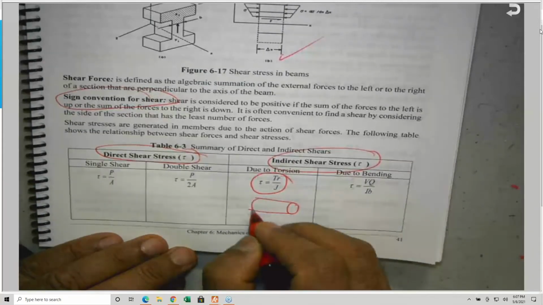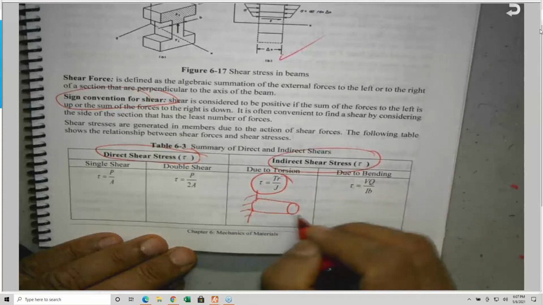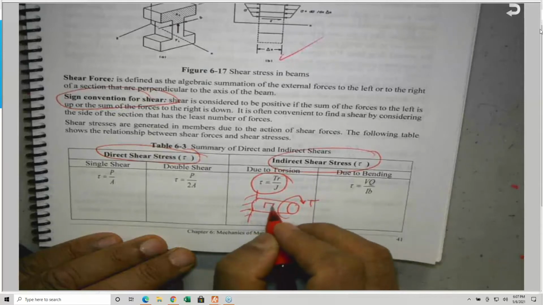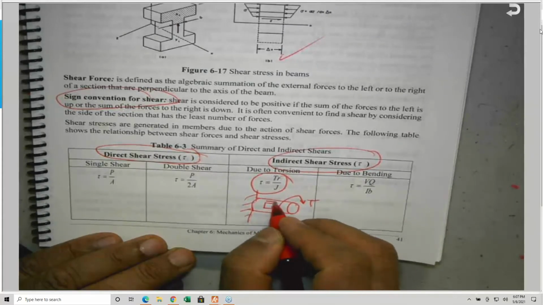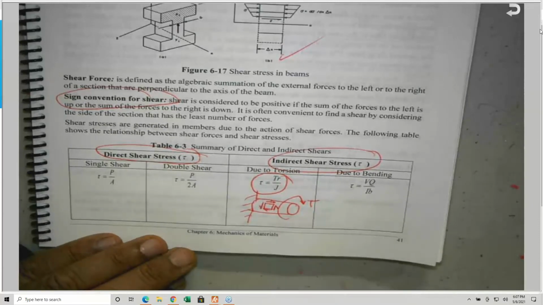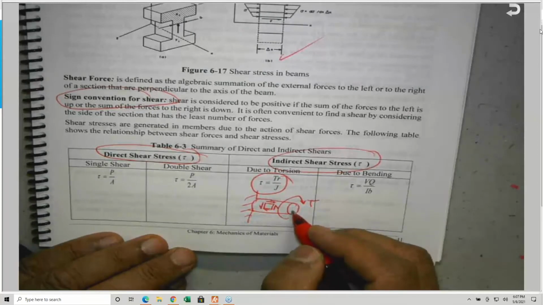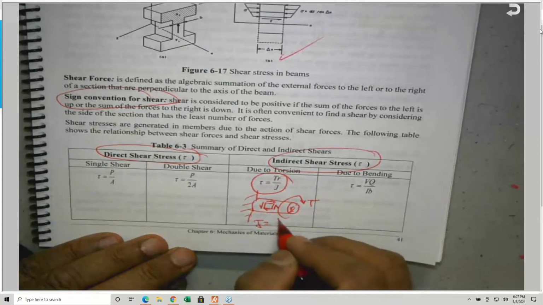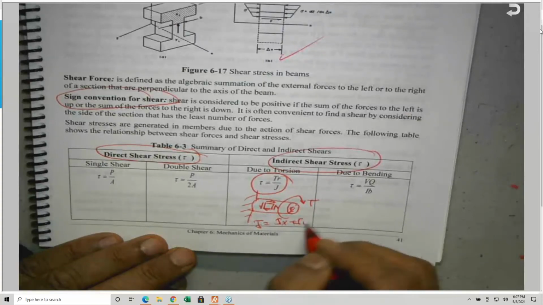This is applied torque T, and you remember the piece of chalk that I twisted and showed you. This is R, the radius, and J is the polar moment of inertia, which is Ix plus Iy.